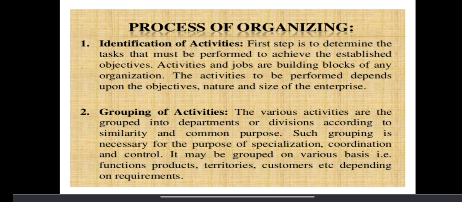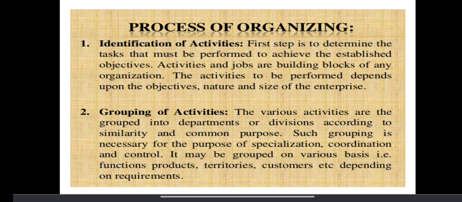The first step is to determine the tasks that must be performed to achieve the established objectives. Objectives and jobs are the building blocks of any organization. The activities to be performed depend upon the objectives, nature, and size of the enterprise.